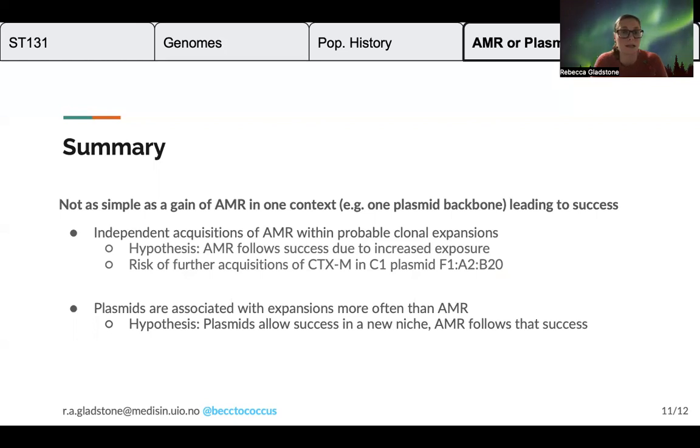And I just want to highlight again that the risk of further acquisitions of CTXM in the C1 plasmid F1A2B20 is high. The second key finding is that plasmids were associated with expansions more often than AMR was, and the hypothesis we put forward here to explore more is that plasmids allow success in a new niche, and AMR follows that success.